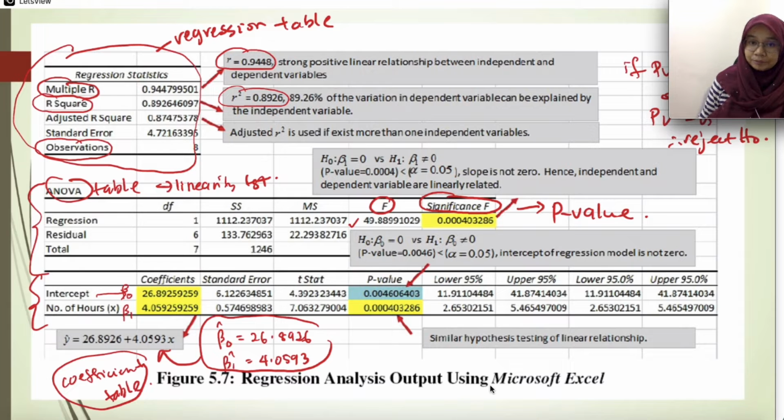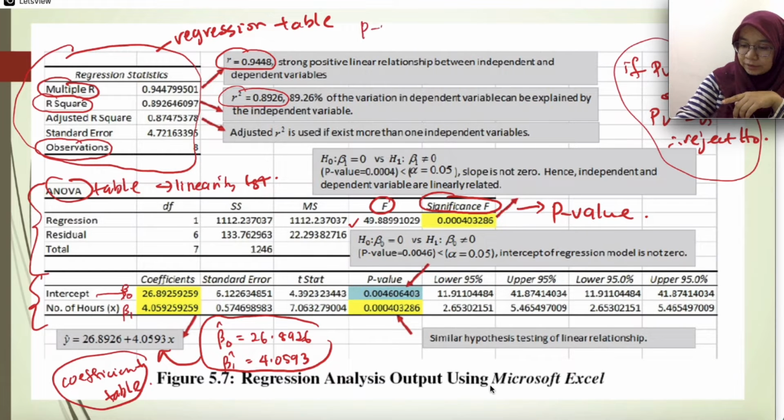Okay? So, I repeat again. From the regression table, you can get R, you can get R square, and then you can get the number of data. From the Anova table, you can test the linearity, either using the F test or the p-value.